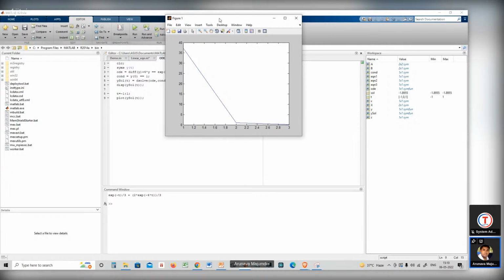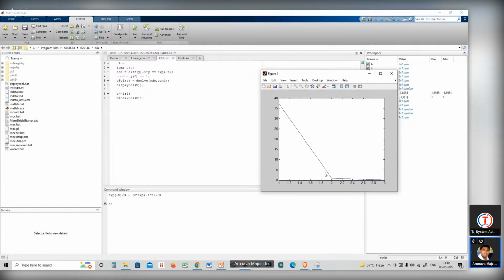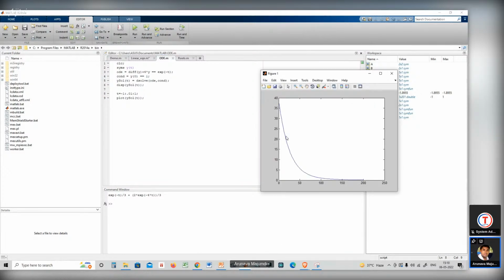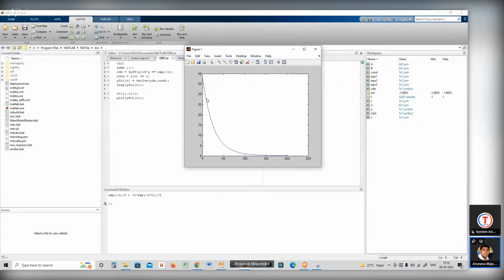Look at this plot. This plot is not at all looking good. So let me introduce some step length, 0.01. Look, now if I plot it, it becomes a very smooth plot.